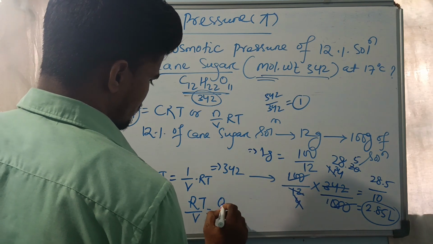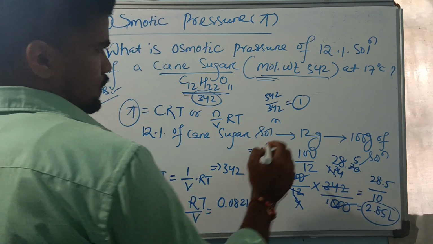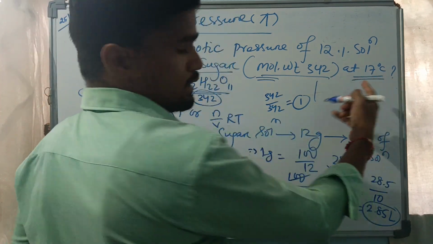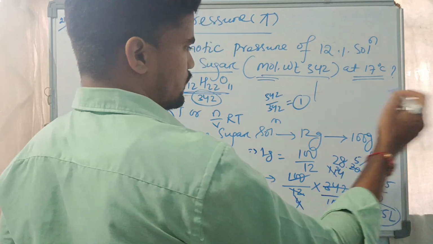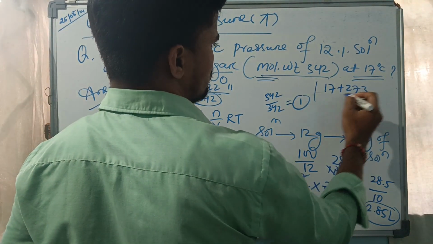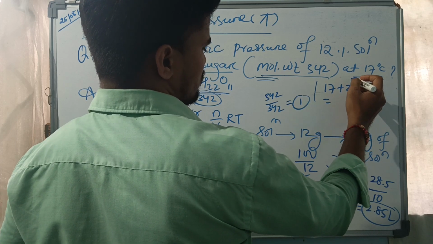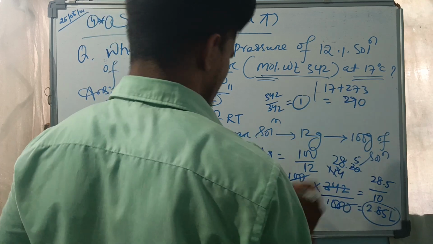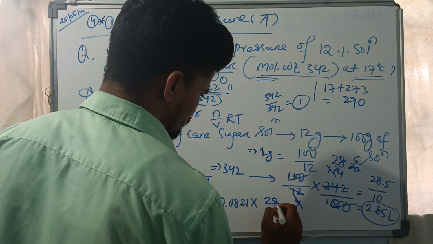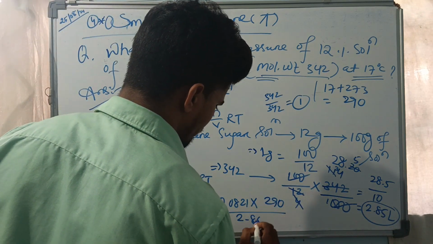What is R? 0.0821, into temperature. The temperature is given as 17 degree Celsius, so we convert into Kelvin: degree Celsius plus 273 equals 290. So 290 upon the volume 2.85.